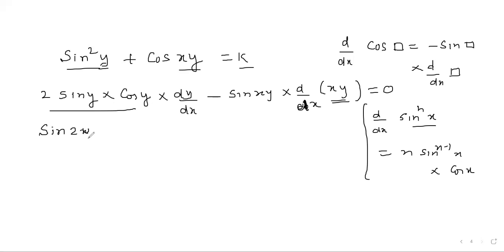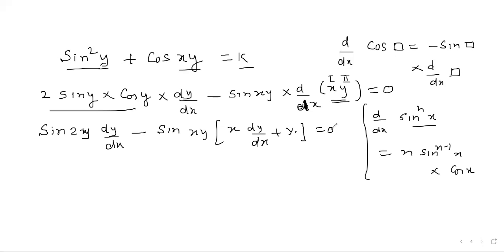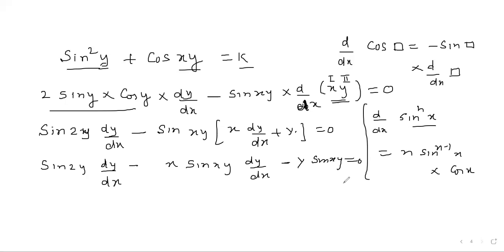So sine 2y dy by dx minus sine xy times x, here product rule, x dy by dx plus y times 1 equal to 0. We open the bracket. So sine 2y dy by dx minus x sine xy dy by dx minus y sine xy equal to 0.